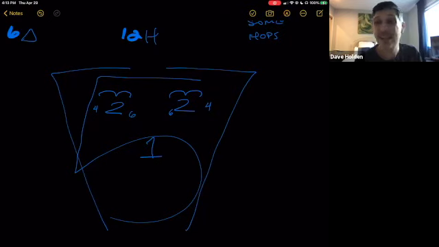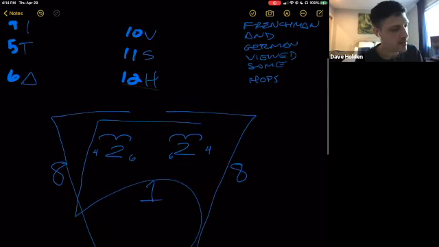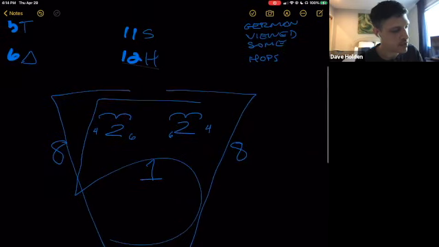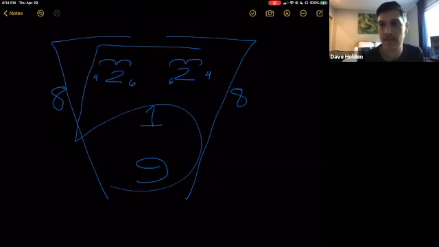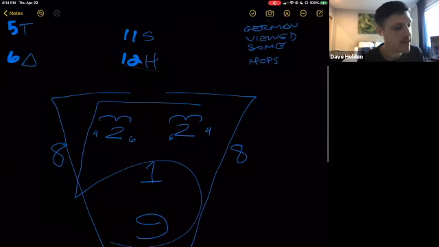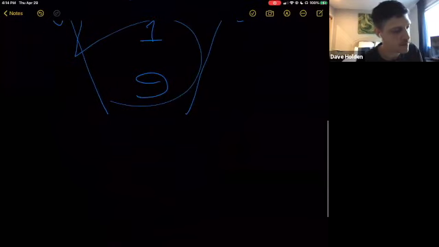Cranial nerve number 8 is your auditory nerve. It connects to your ears and gives you a sense of hearing. Cranial nerve number 9 is the glossopharyngeal nerve. The glossopharyngeal nerve is where your tongue is. Cranial nerve number 10 is your vagus nerve.